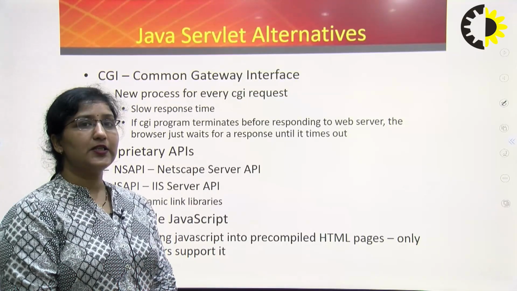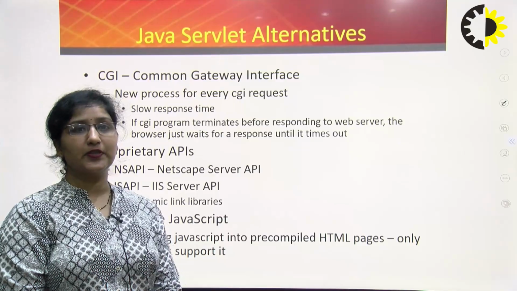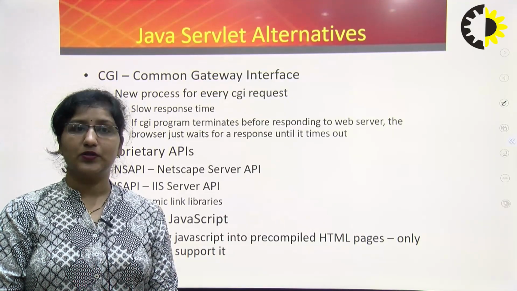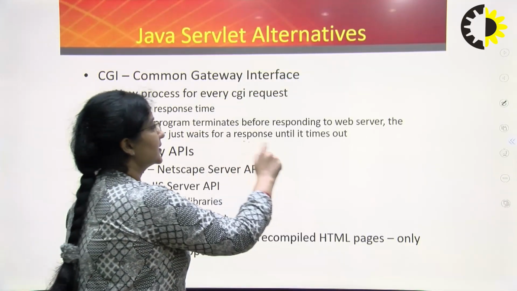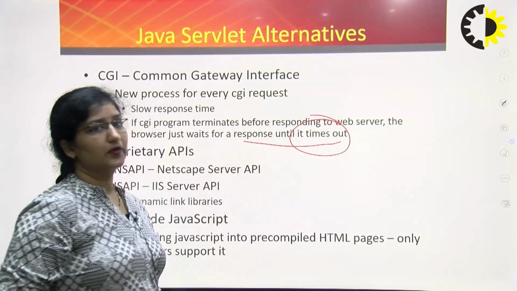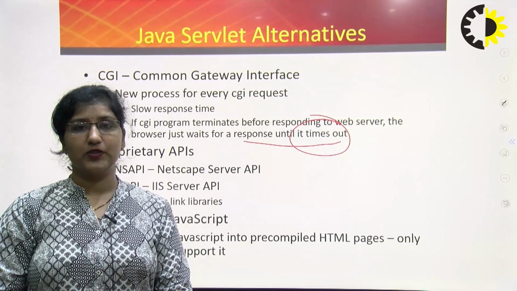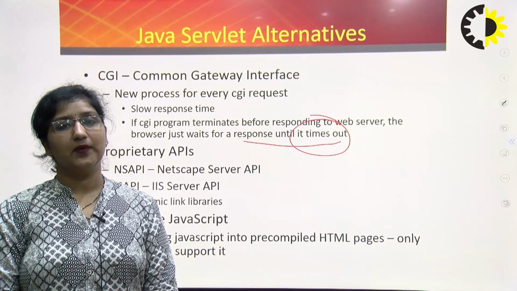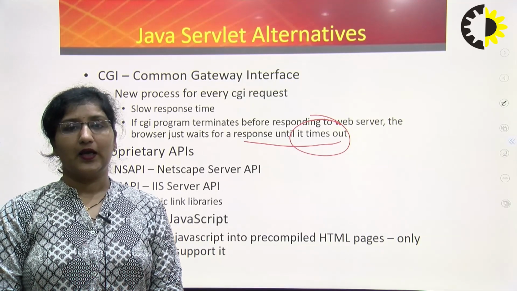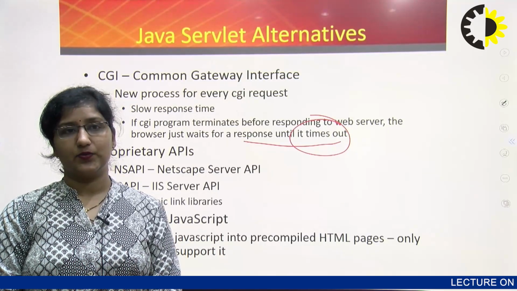If a CGI program terminates before responding to the web server, the browser will just wait for the response until it times out. There is no way out of this situation if we are using CGI, because the response time is very slow. To come out of it, we need a timeout as well.